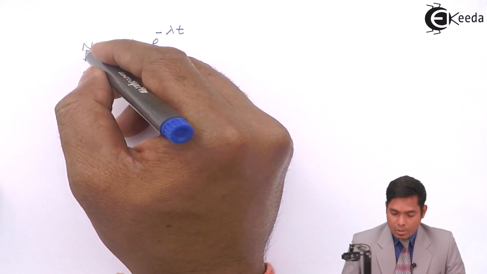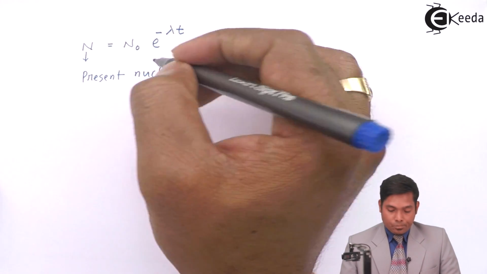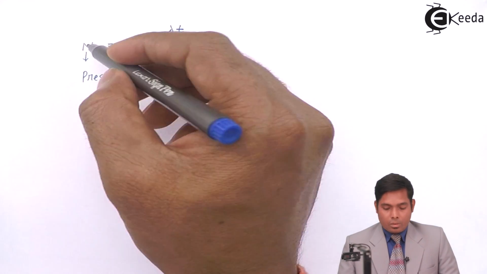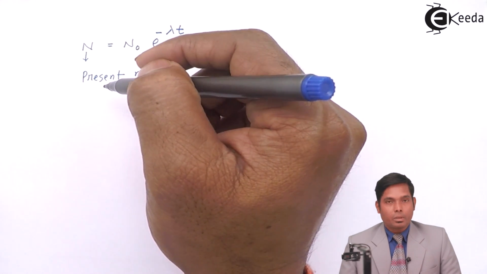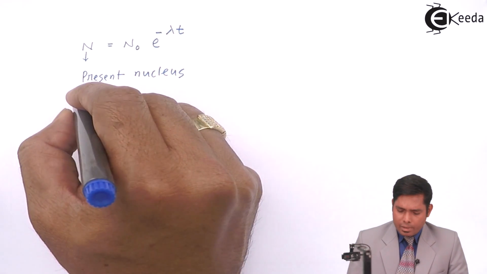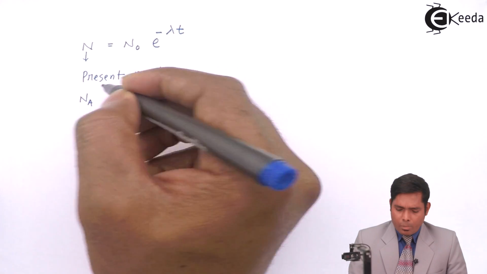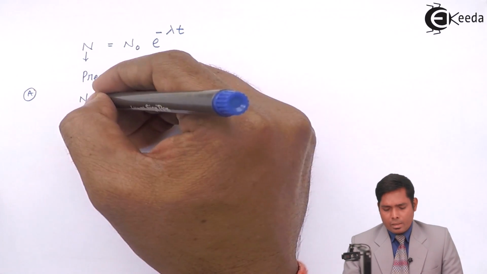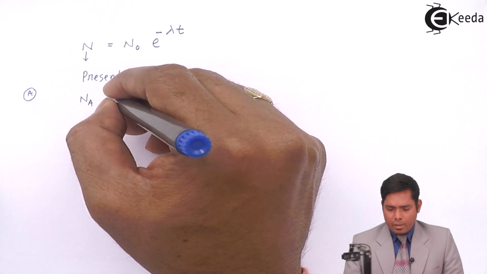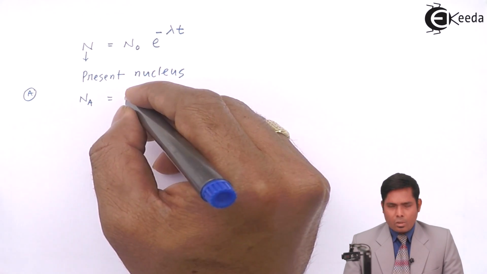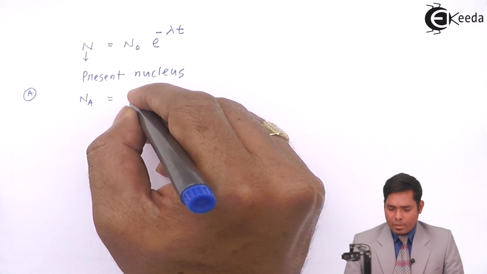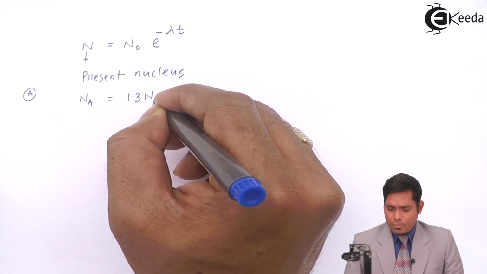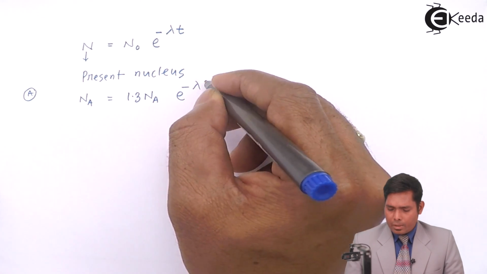I'll use this for nucleus A: Na is present, and initially it is N naught. N naught in terms of Na is 1.3 Na, so Na equals 1.3 Na e raised to minus lambda t.